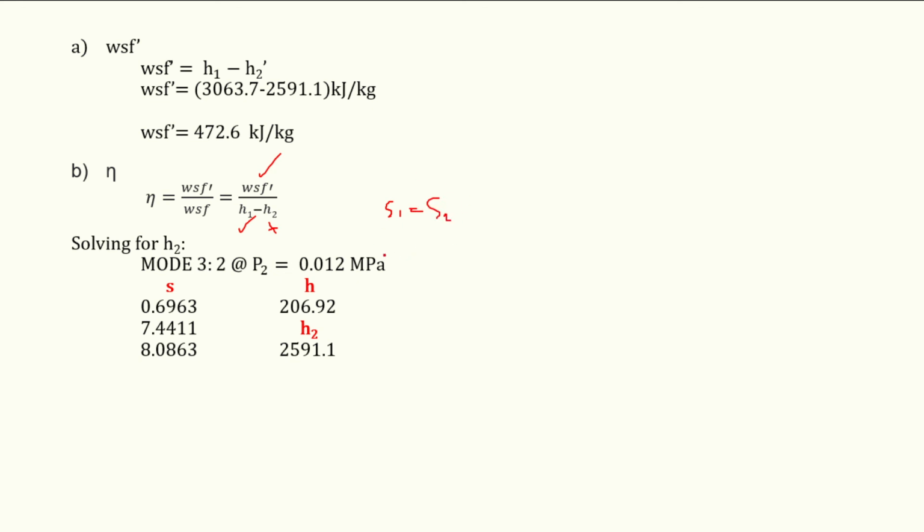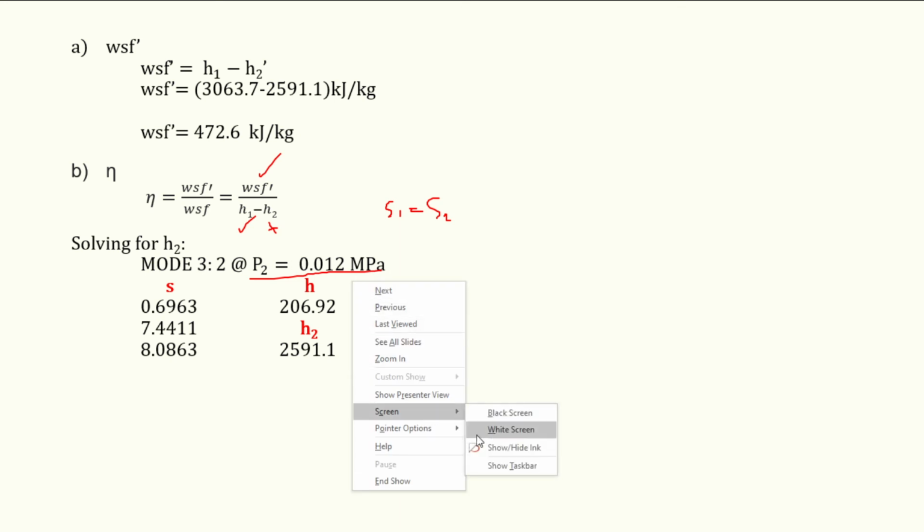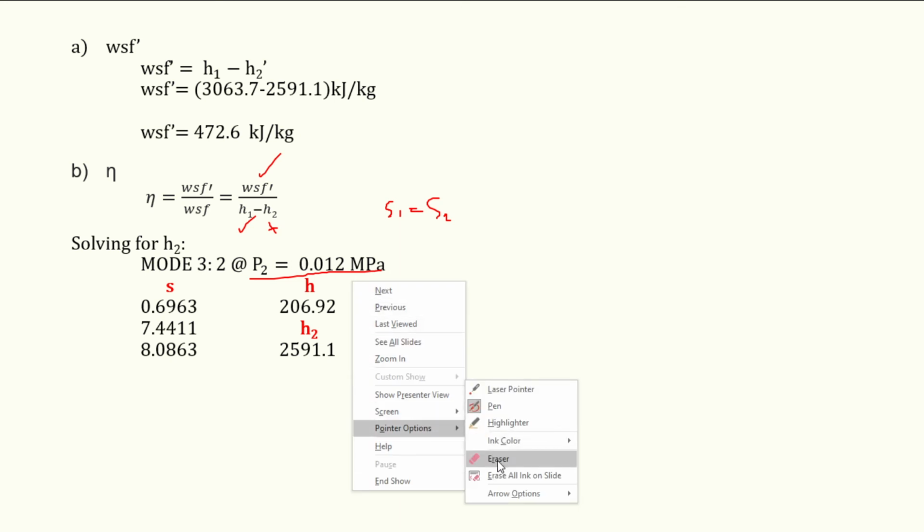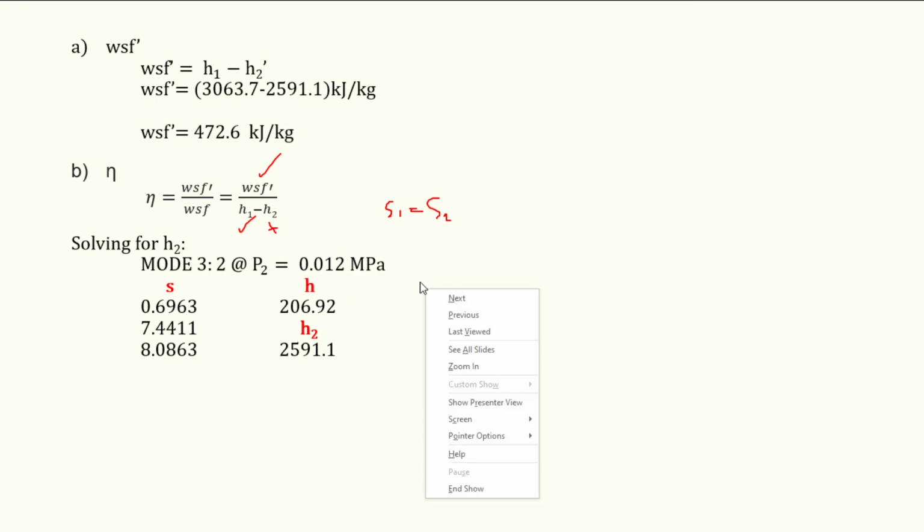So, doon natin kukunin si H2. Okay? So, at table 2, 0.012 MPa, kunin natin si SF and SG. So, ang SF natin dyan is 0.6963. Ang SG natin is 8.0863.